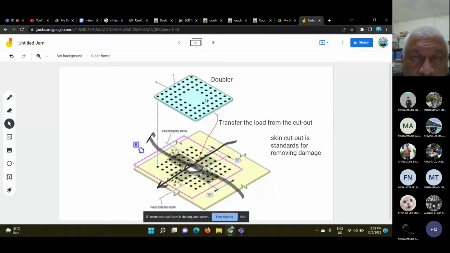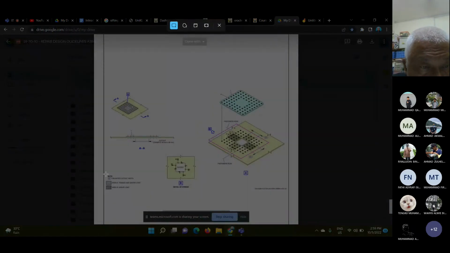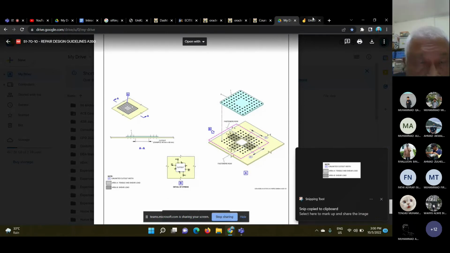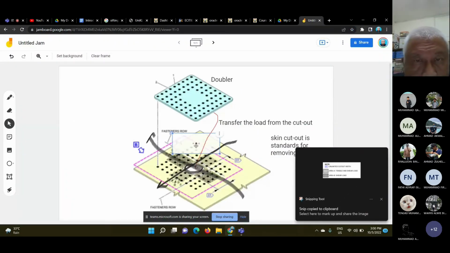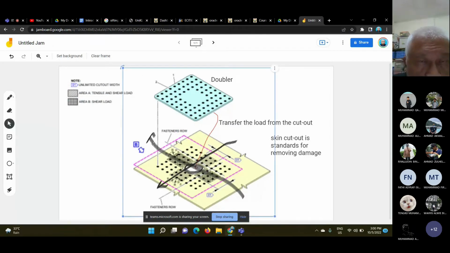So the rivets will carry the load. So you look at here, the shaded area. Okay, let's look at what the shaded areas are. You can see this shaded area here is shear load.